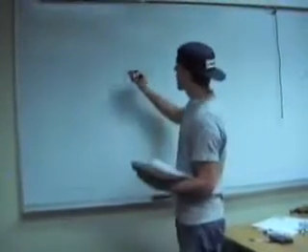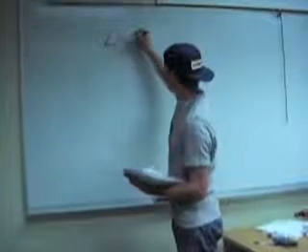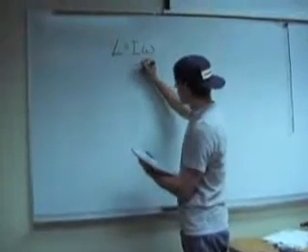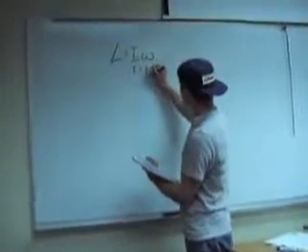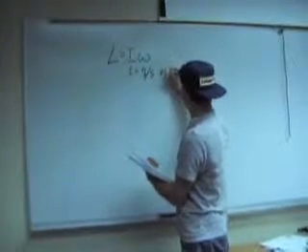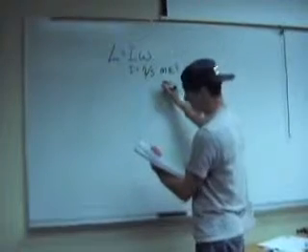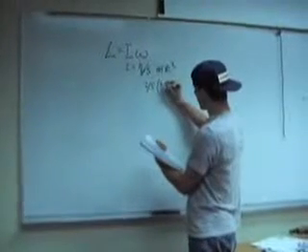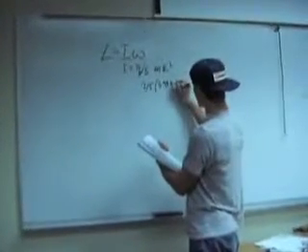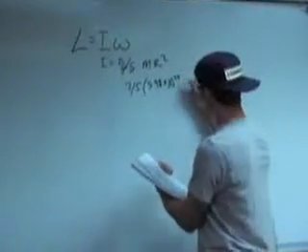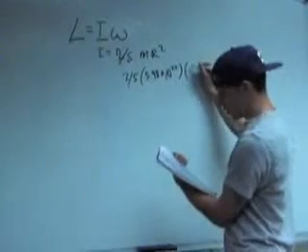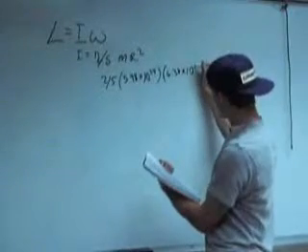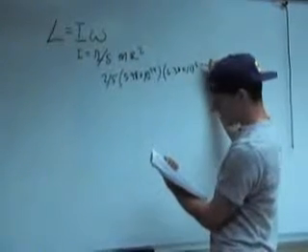Alright, so what happened here is we have, like we said, the law of angular momentum. Your angular momentum equals your moment of inertia times your omega, where the moment of inertia I equals 2 over 5 times the mass times the radius squared for the Earth. The mass of the Earth is 5.98 times 10 to the 24th kilograms, times the radius, which is 6.38 times 10 to the power of 5, squared.